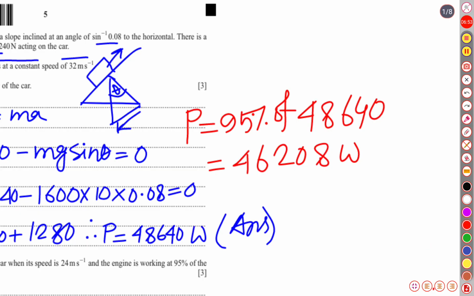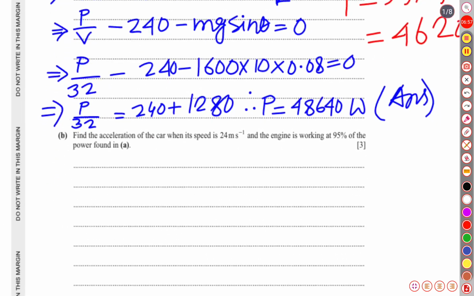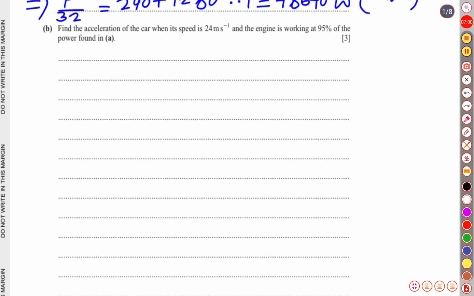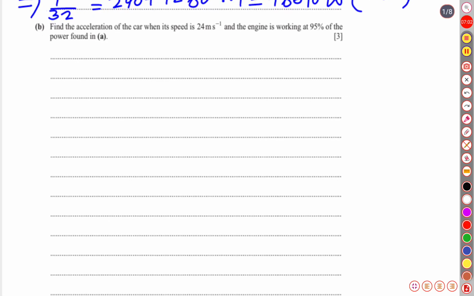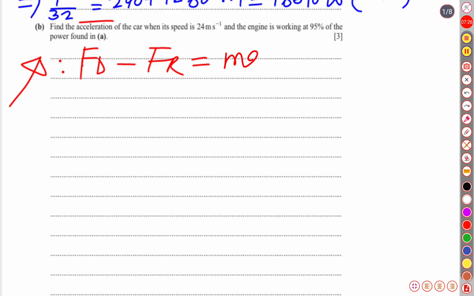The question has told us to find the acceleration. The same concept is going to be applied. The car is still moving upward, so the direction is the same. Driving force minus resistance force is equal to mass into acceleration.